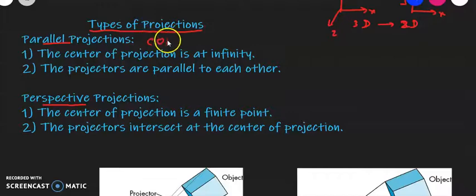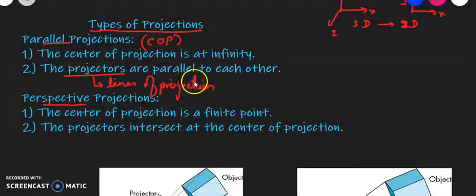That means the COP is at infinity, and the projectors, which are nothing but the lines of projection, are parallel to each other. These are the two important points for parallel projection.